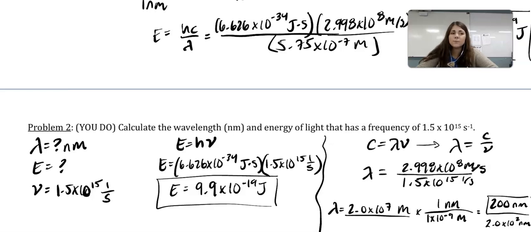Now, if you really wanted to be on with the sig figs, you would make it 2.0 times 10 to the second. My advice is they probably would never put a problem like that because we generally see wavelength as a whole number that has 3 numbers, that 2, 0, and 0. So that would be the type of answer you would have. I wouldn't worry so much about sig figs when it came to the nanometers.